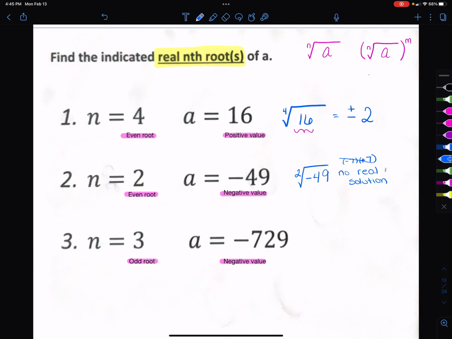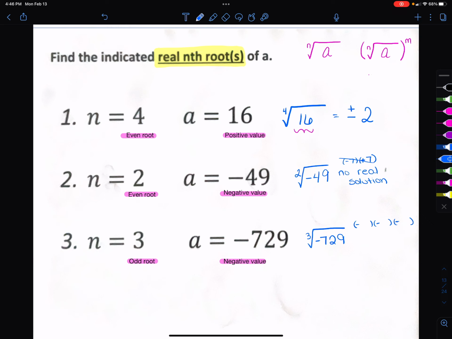All right, on number 3, where it is an odd root and a negative number. So I am looking at -729, and I'm looking for the third root of that. So some number times itself 3 times would give me -729. Well, I know it has to be a negative, because a negative times a negative is a positive, times another negative is a negative.